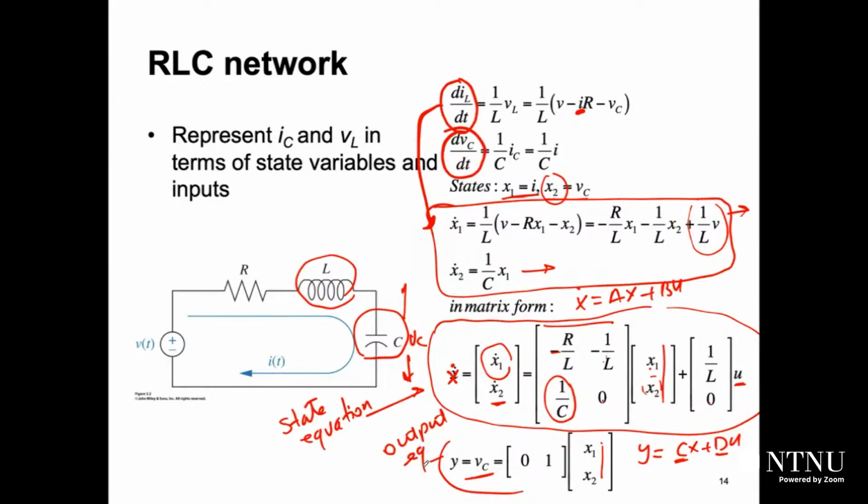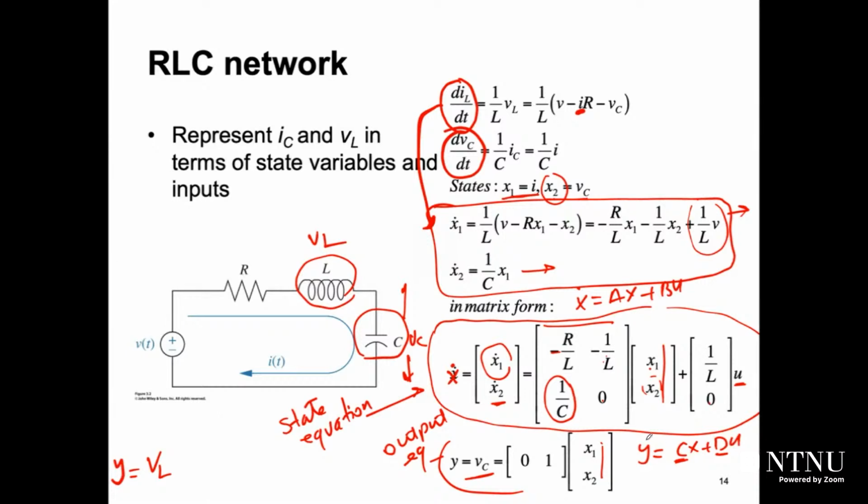Maybe someone will say, no, I want to measure VL. So I want my output equation to be VL. In this case, we will say Y equals VL. I need to represent VL as a function of my states. So we will look at the equation Y equals Cx plus Du.